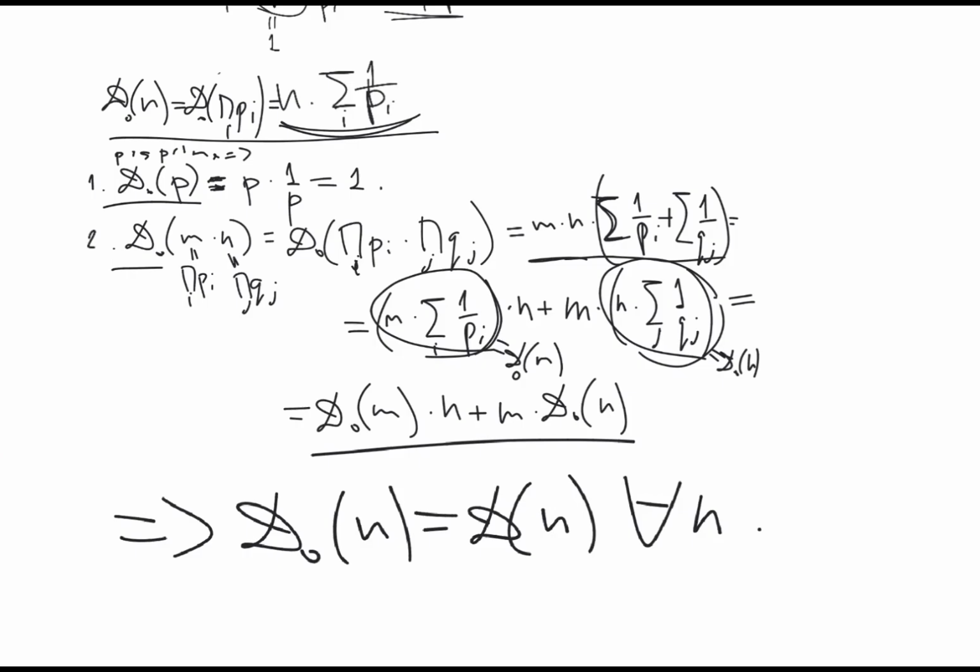And this way we establish the correctness of the definition of d, and we also give the explicit formula for the derivative using the prime expansion, the expansion of a number into the product of prime divisors.